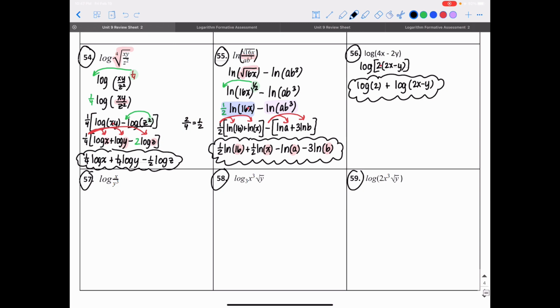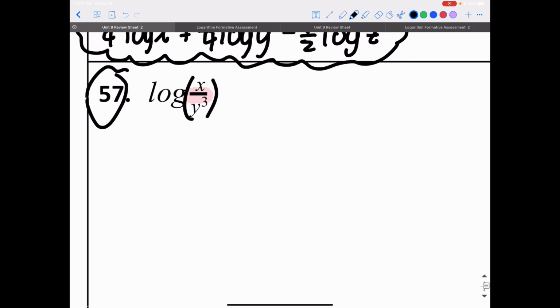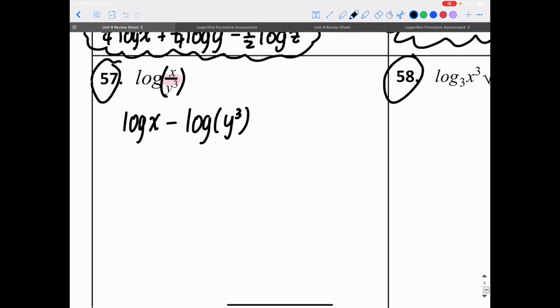All right, for number 57, I have log of x divided by y cubed. This is division inside of that logarithm, so I separate with subtraction. I do log of x minus log of y cubed. From here, there's one more thing I need to fix.